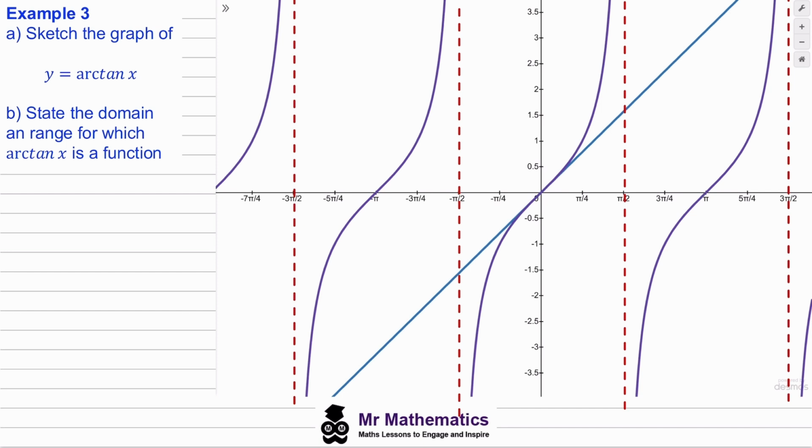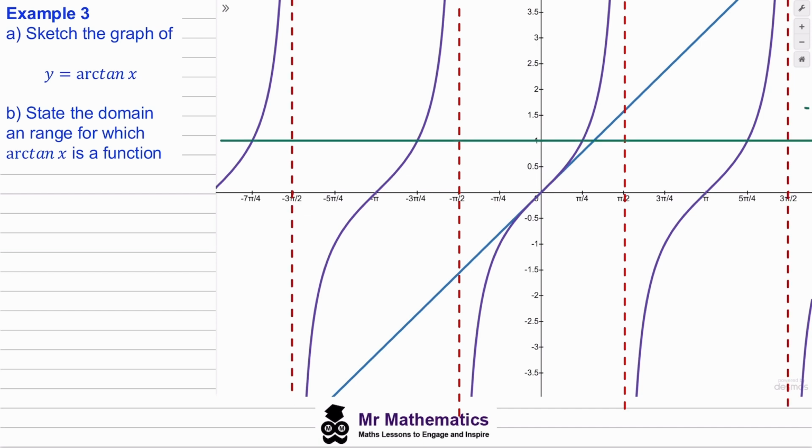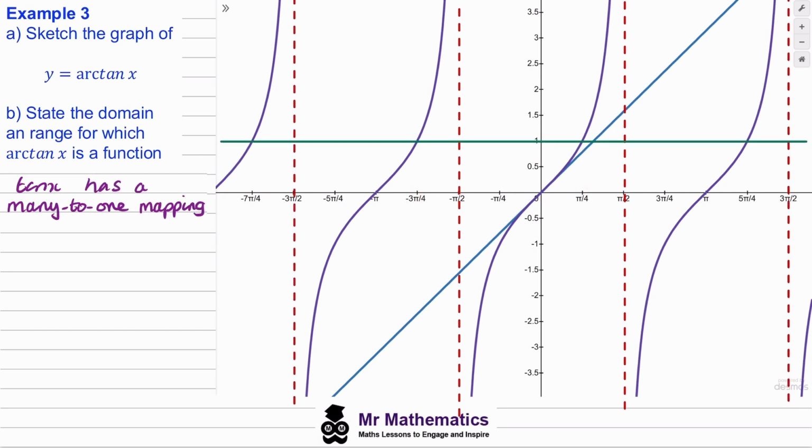Now, just like with sine and cosine, we can't define the inverse of this tangent across the full domain, because it's not one-to-one across all real numbers. For instance, when y equals 1, we've got multiple values of x. So just like with sine and cosine, within the domain of all real numbers, tan of x has a many-to-one mapping.